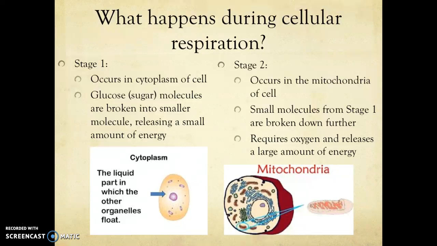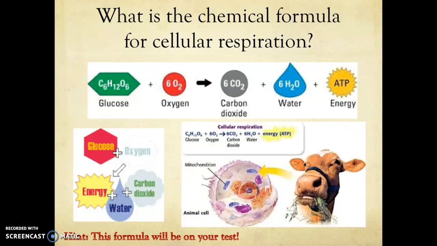All right. So the chemical formula. Basically, glucose and oxygen get broken down into carbon dioxide and water, and energy is released. So, glucose and oxygen, those are our reactants.